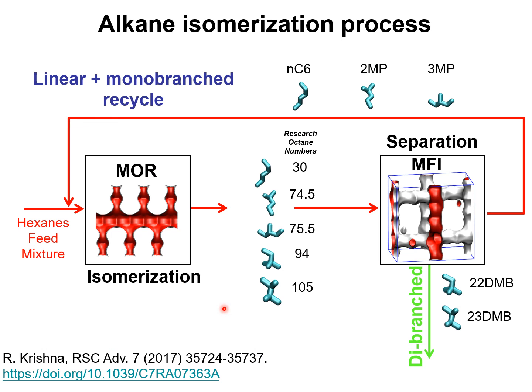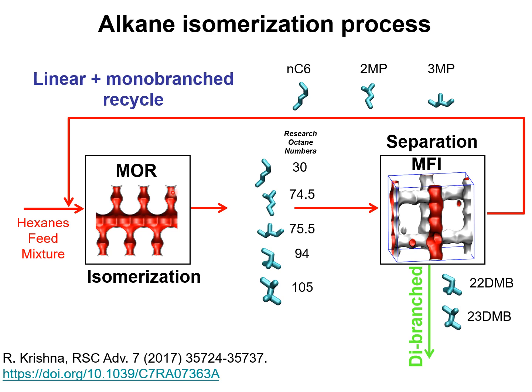Based on the results that have been presented in the previous slides, we can devise an improved alkane isomerization process. Here we have a feed mixture that is sent to an isomerization reactor that uses mordenite as catalyst.